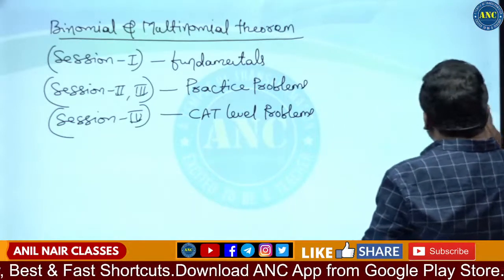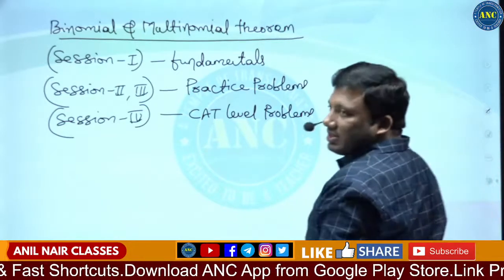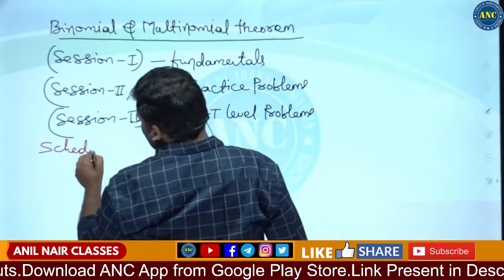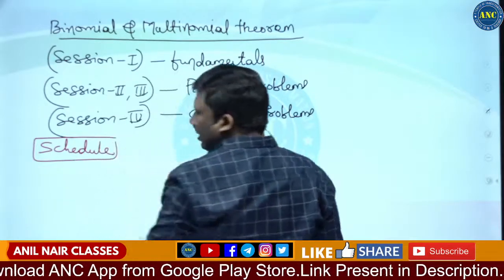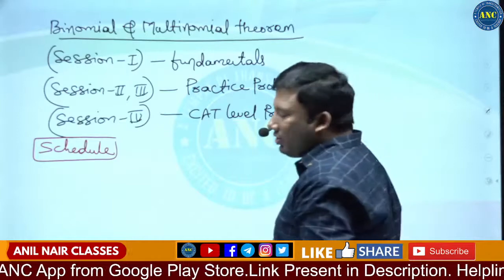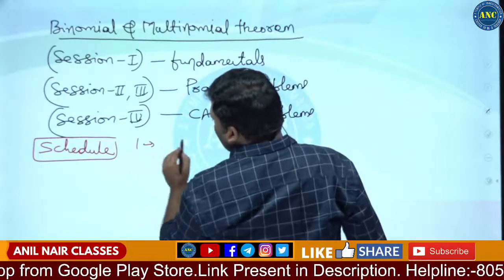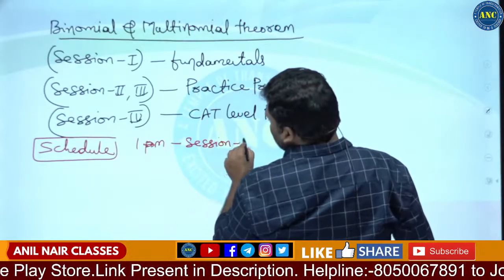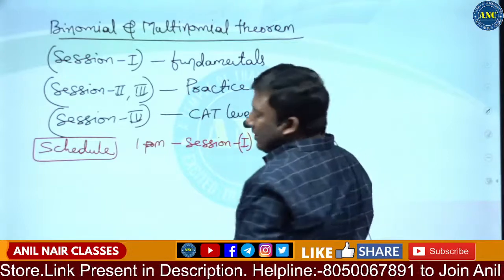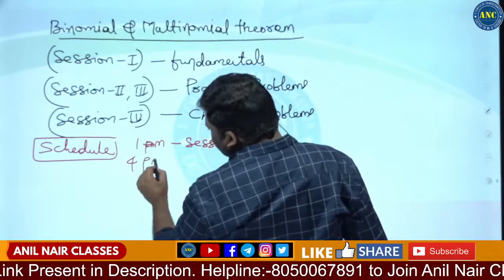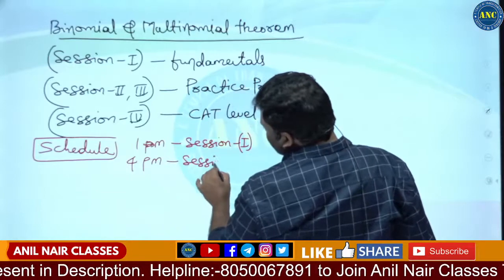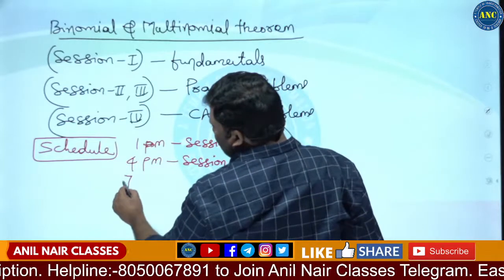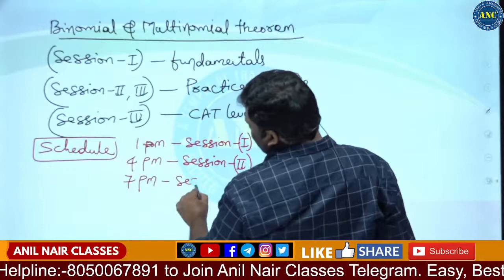Now, like today's class, I will give tomorrow's class schedule right now. We will take 3 to 4 sessions. 1 p.m. session 1, then 4 p.m. session 2, then 7 p.m. session 3.